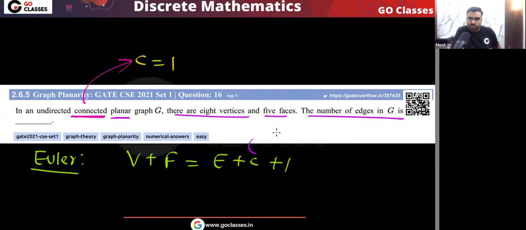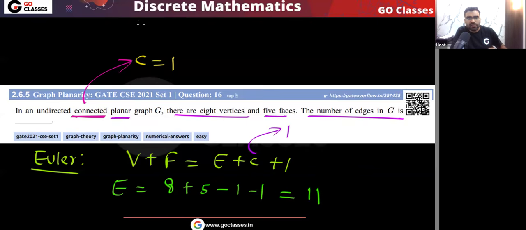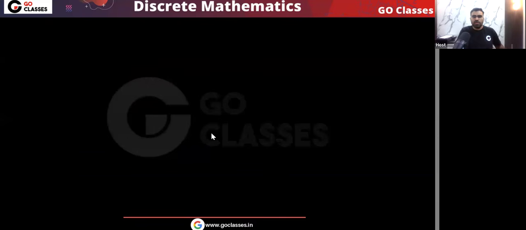Because it is a connected graph, the C value will be 1. So from here the E value will be V, that is 8, plus F, that is 5, minus C minus 1. You can easily calculate. The number of edges will be 11. So these are simple questions based on planar graphs. I hope you understood.